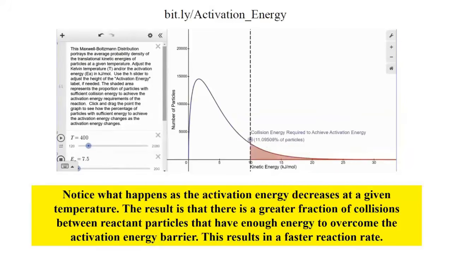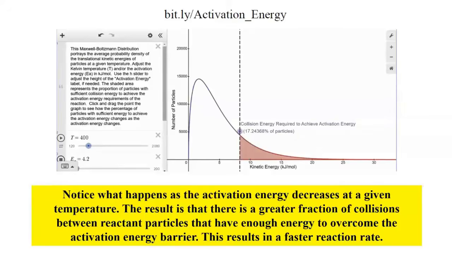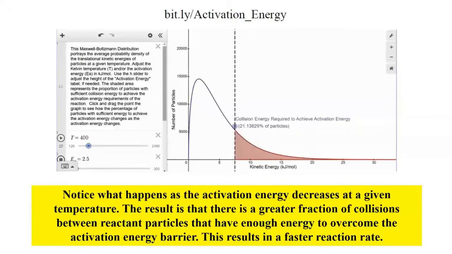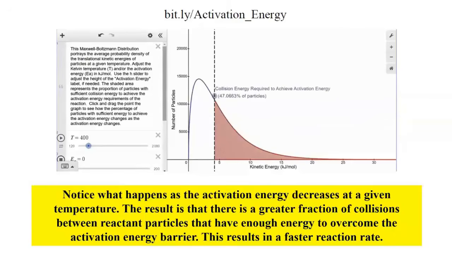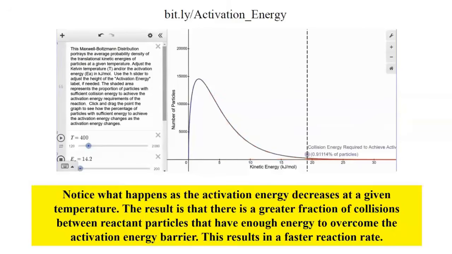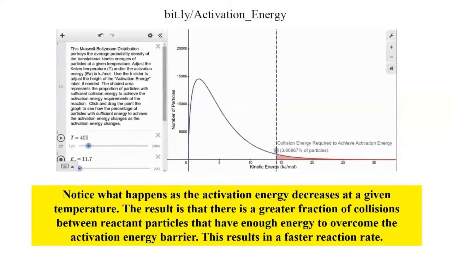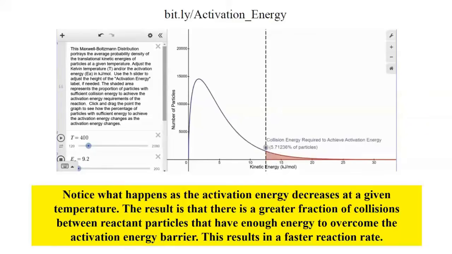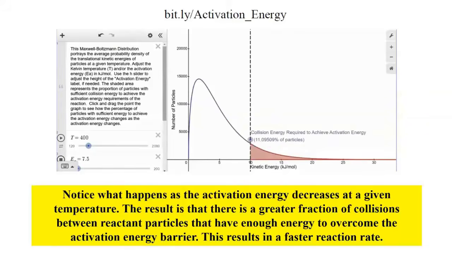So again here, we are not changing the temperature. We're not giving a greater average kinetic energy to these particles. The temperature is staying constant. But what is changing is the activation energy, and I'm showing you what happens when it decreases. So on this slide, it says the following.